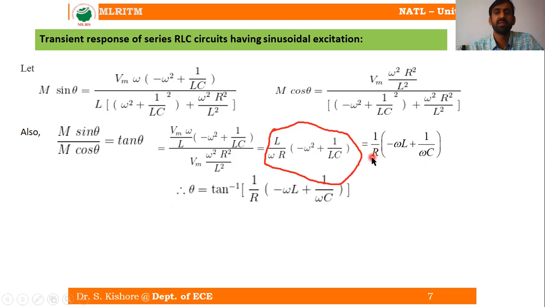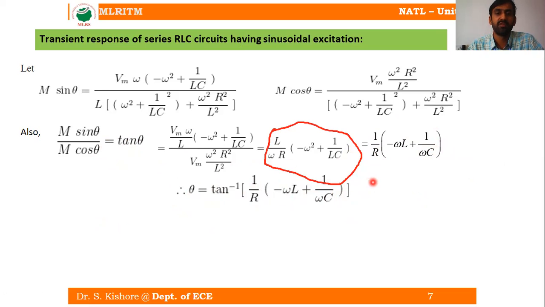If we further simplify, we come across 1 by R into minus omega L plus 1 by omega C. So theta is going to be tan inverse of this value, because tan theta is equal to this value. What is that value? 1 by R into minus omega L plus 1 by omega C. So this is going to be our theta value.